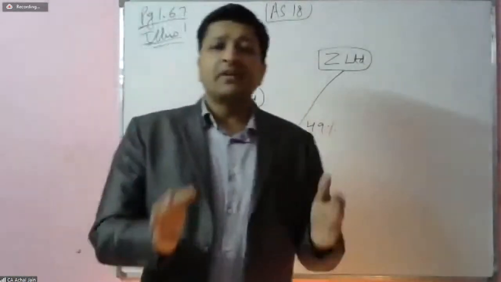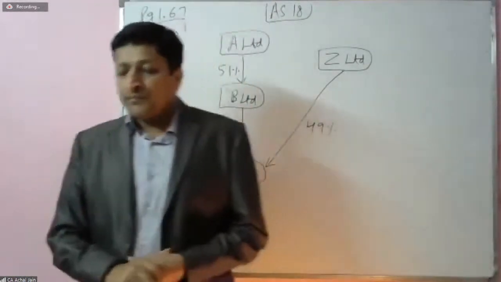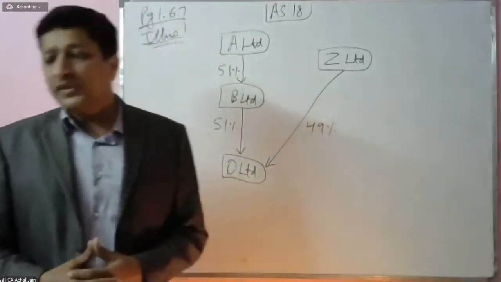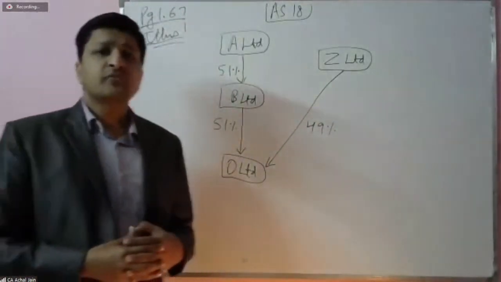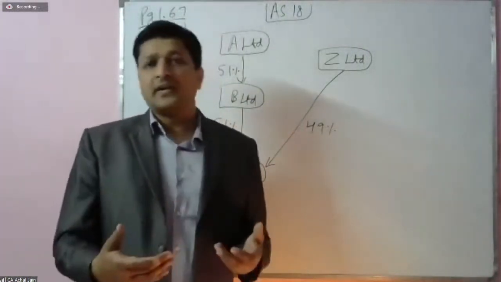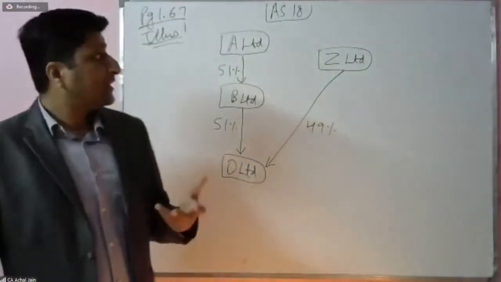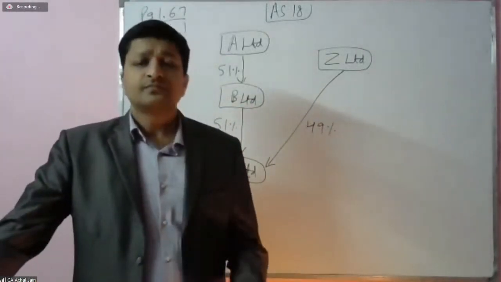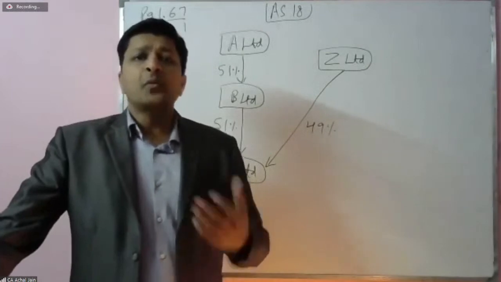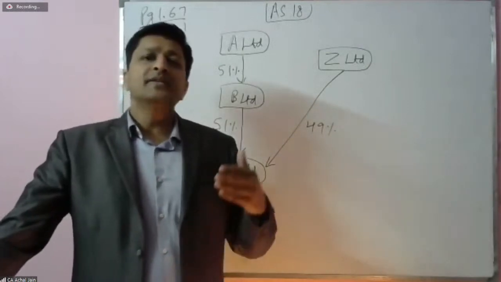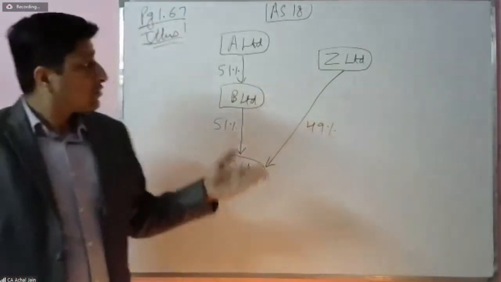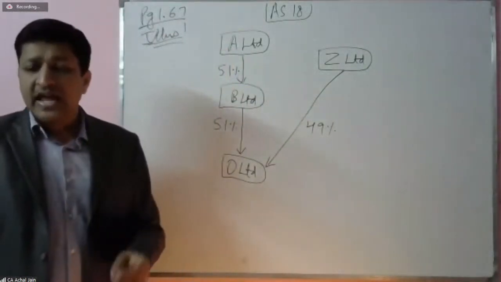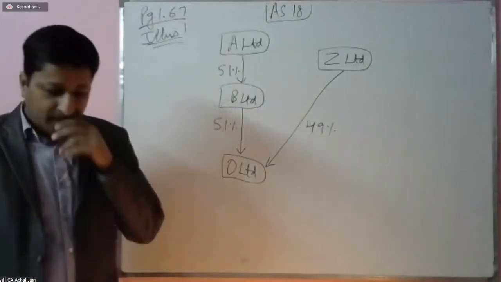Please remember that whenever we have to discuss the related parties or assess who is going to be the related party, we need to first of all look at the reporting entity. That means who will be the reporting entity for which related parties are being assessed. Because there are multiple entities, we need to pick one of these as the reporting entity.